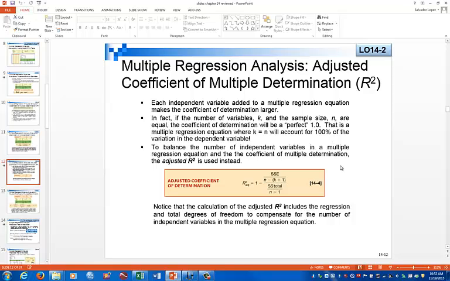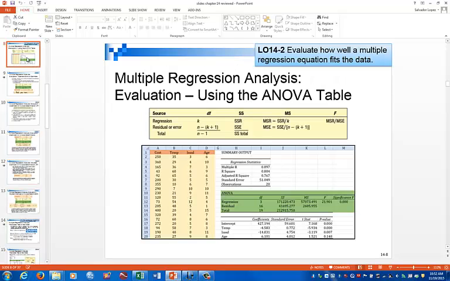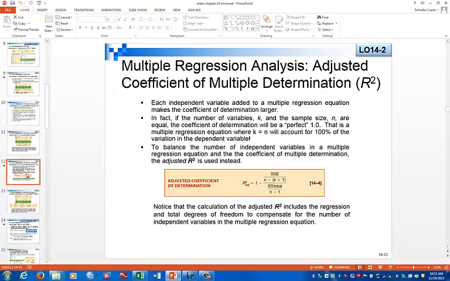So due to this, there's another coefficient of determination called the adjusted coefficient of determination, which in the report, if you notice, is right below R squared. We have an adjusted R squared of 0.767. That adjusted R squared is calculated as 1 minus the MSE over MS total.